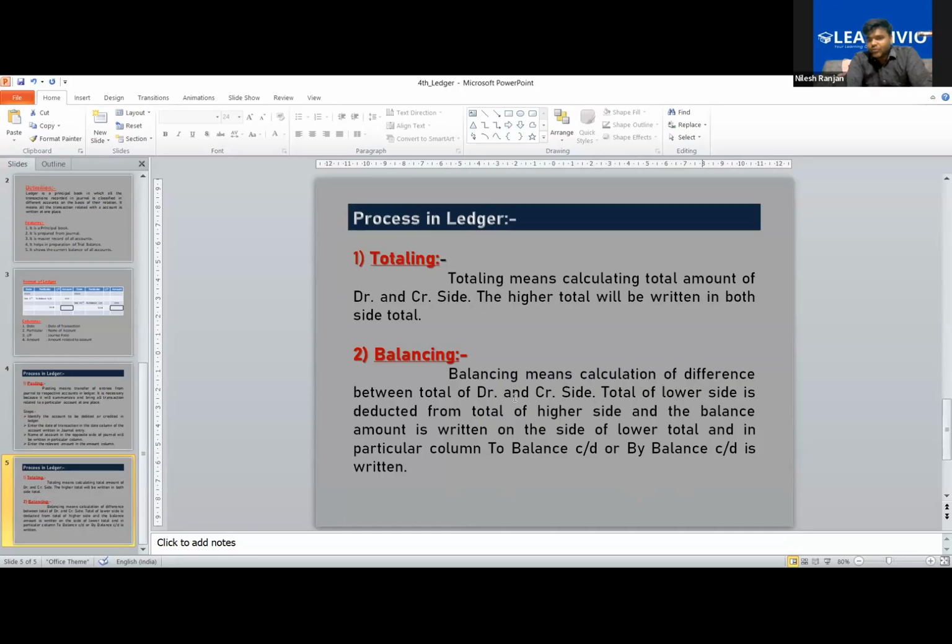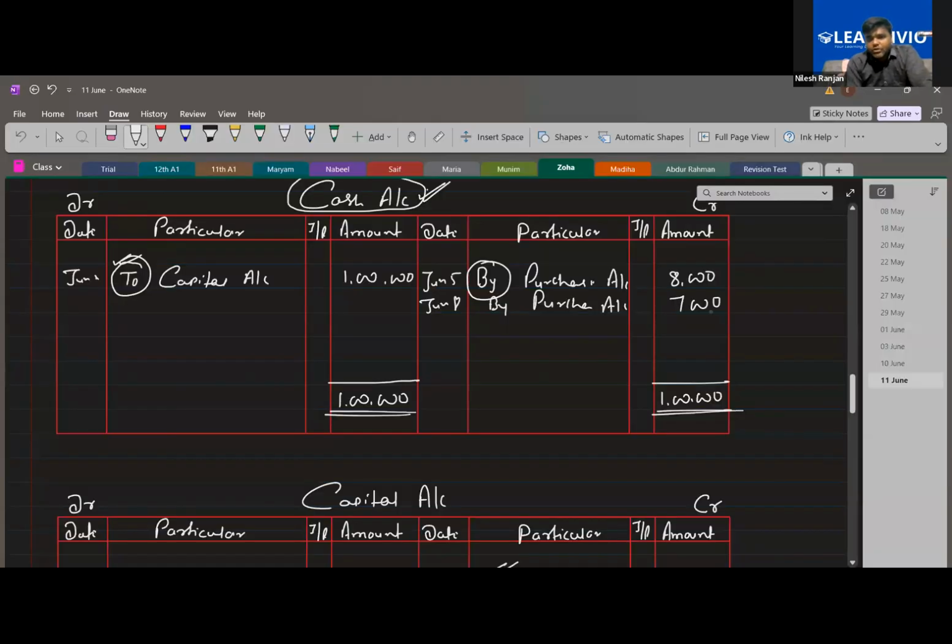So balancing means calculation of difference between total of debit and credit side. Total of lower side is deducted from total of higher side, and the balance amount is written on the side of lower total. And in particular column, to balance c/d or by balance c/d is written. So here, the lower total is on the credit side.